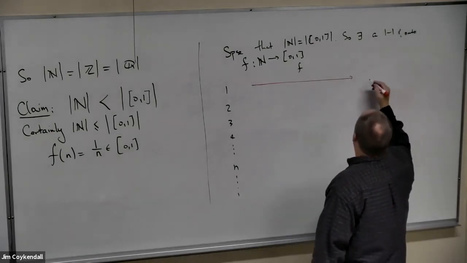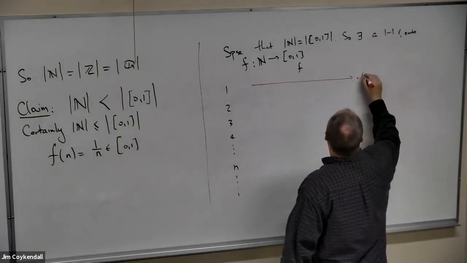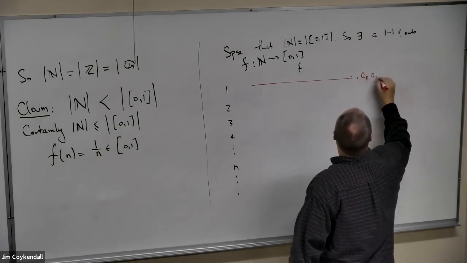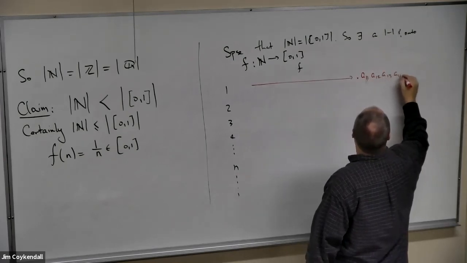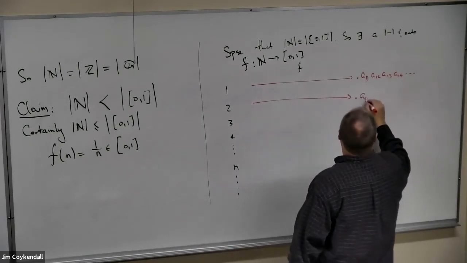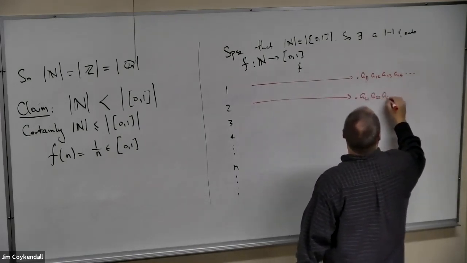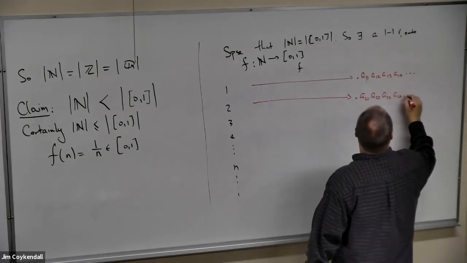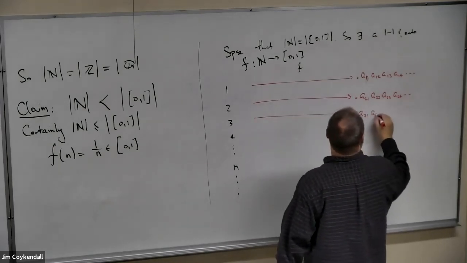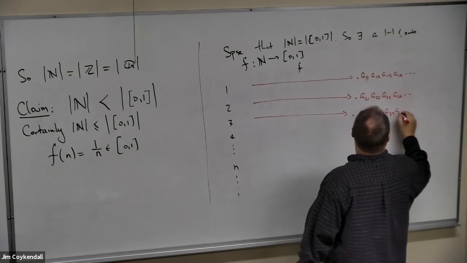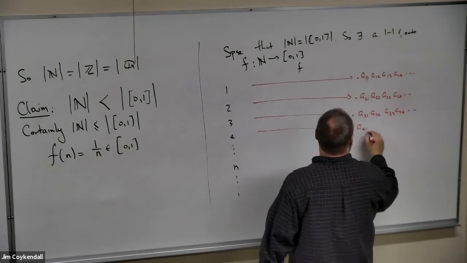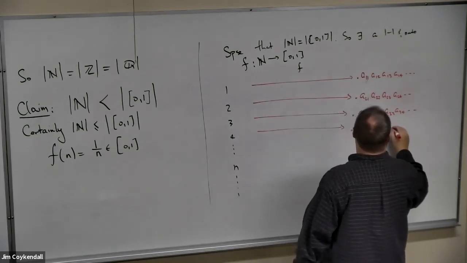So I can write this as point A11, A12, A13, A14, etc. This will be point A21, A22, A23, A24, etc., then A31, A32. Now, I'm going to have to be a little bit careful here. Let me give you a caveat.